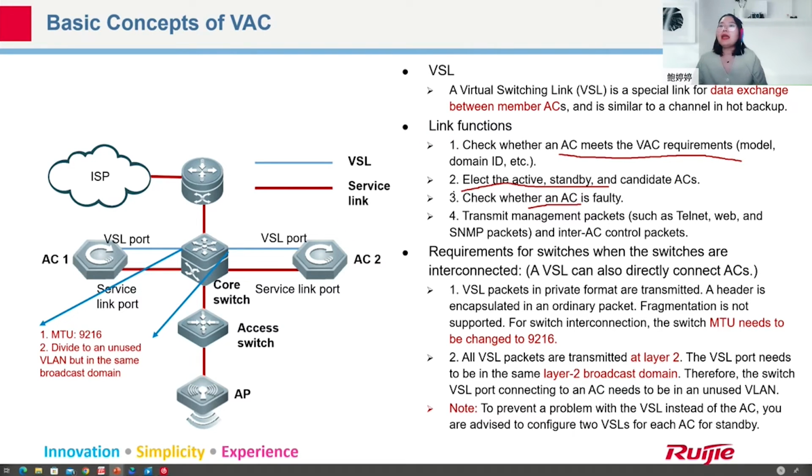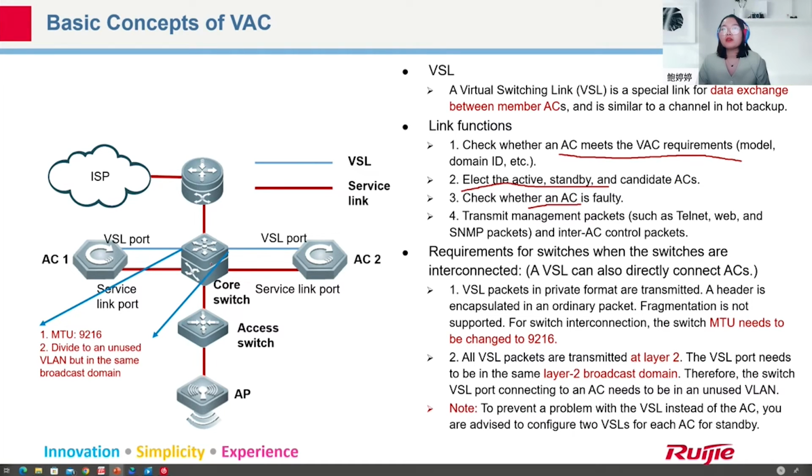This is the function. And the requirement of the switch is very important if you deploy the VAC in your network. Pay attention: you can directly use the VSL link to connect two ACs. This works. But if you use one switch to connect these two ACs, first, between AC1 and AC2 they exchange the VAC message. This message is a special message, not like an Ethernet message, and it cannot be fragmented.